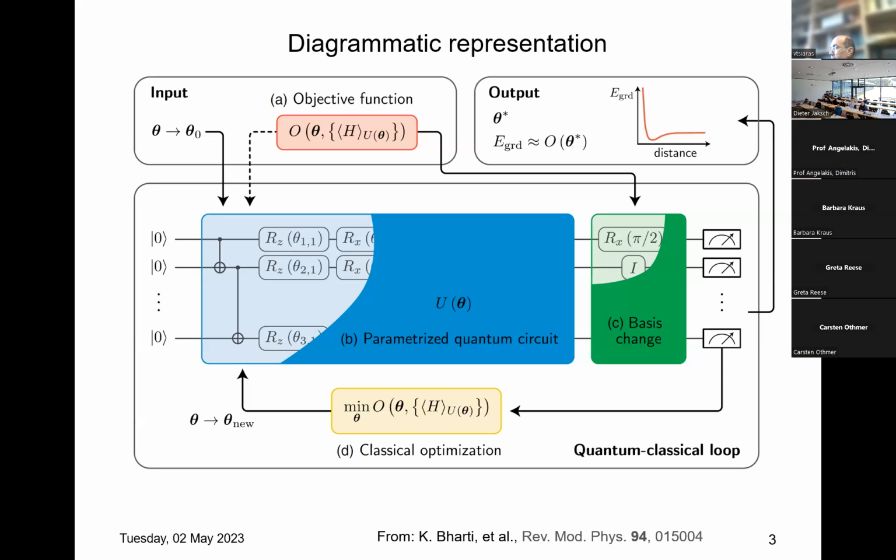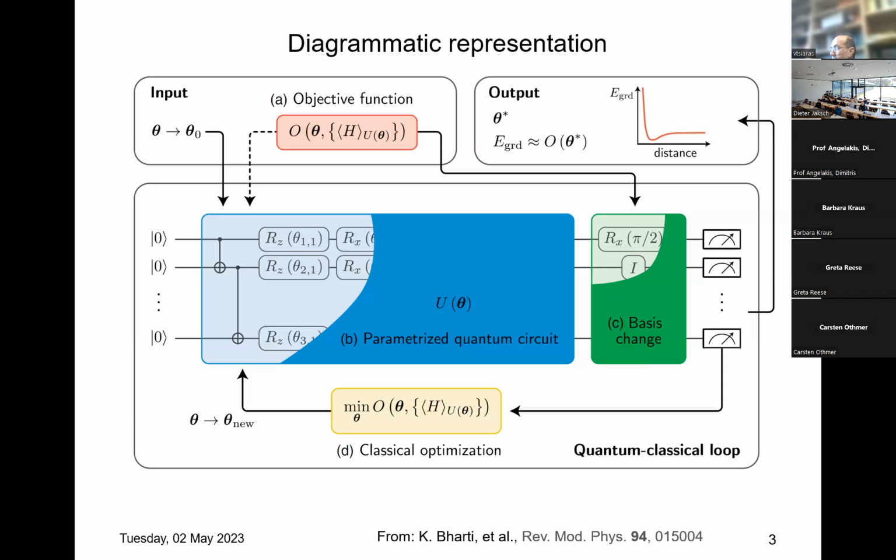To do this, one usually rotates the state into the basis you can measure in, which is the computational basis. So after the parameterized quantum circuit, there is another layer of quantum gates that rotate all your qubits so that you can subsequently measure them in the computational basis.